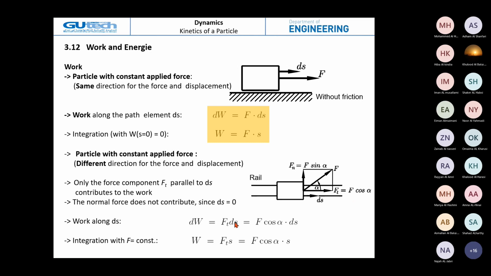The integration with F constant, we assume that W at s equal to 0 is equal to 0. Then we have W, the work, it's only F cosine alpha multiplied by the covered distance s.